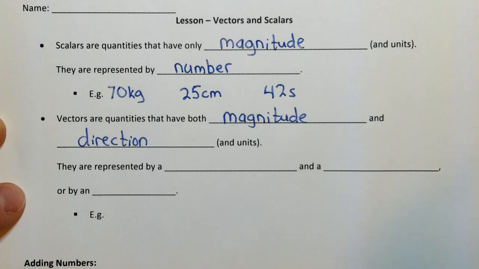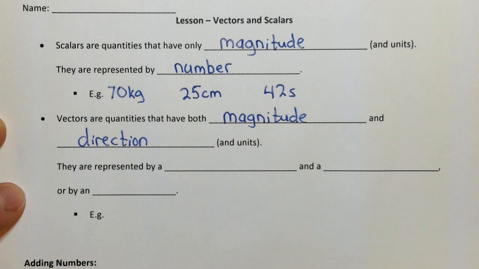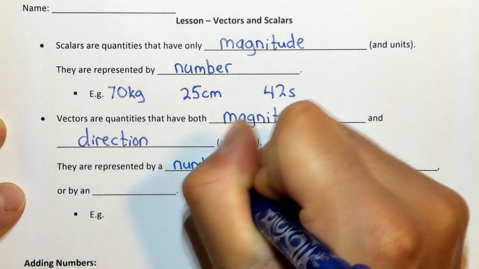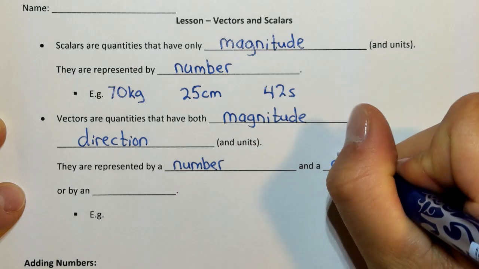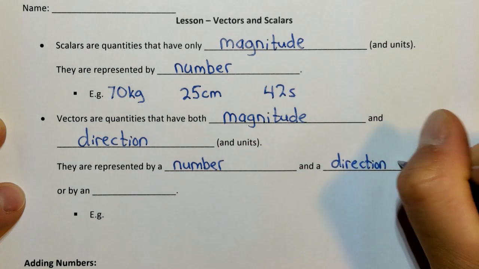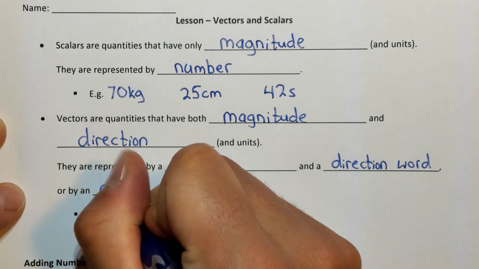A vector can be represented by a number, just like a scalar, but also a direction word. Or by an arrow.